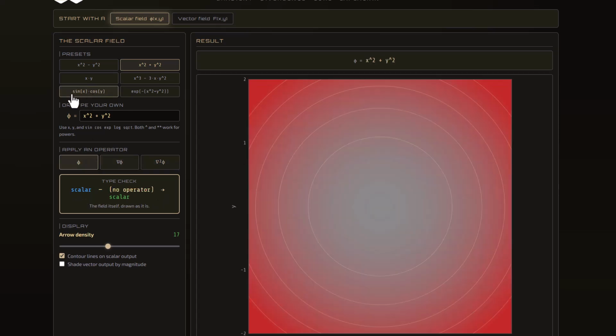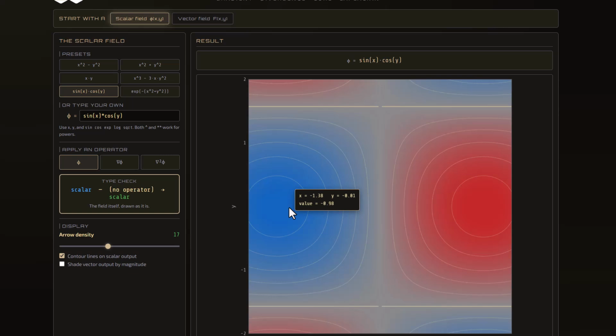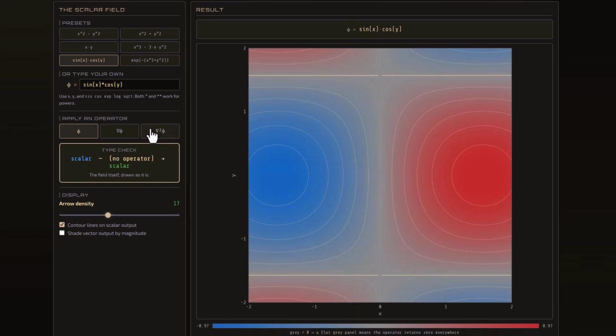Now what I want to do next is try this sine cosine function, sine x cosine y. And when we click the Laplacian, let's think about what might happen. We've got these peaks and valleys. So in this case, the value is less than its surroundings, right?